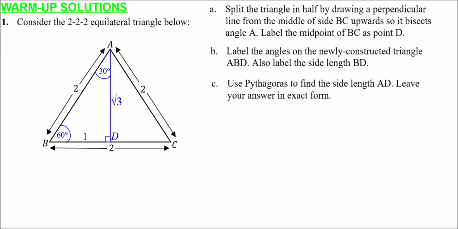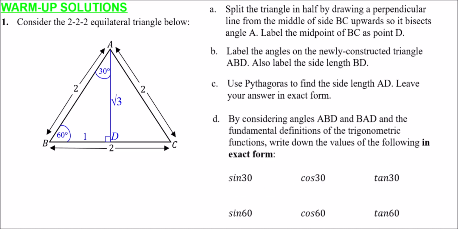Now we've constructed ABD, with all its angles and all its sides, we can consider the angles ABD and BAD and the fundamental definitions of the trigonometric functions. We can now write down the values in exact form of sine, cosine and tangent of 30 degrees and of 60 degrees too. Let's think about these each in turn.